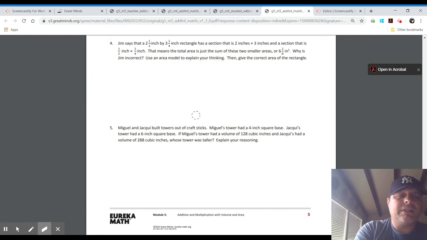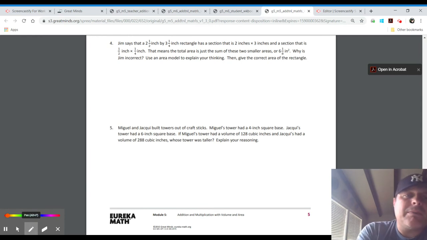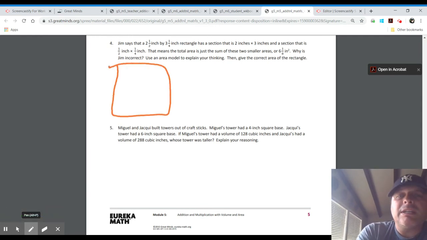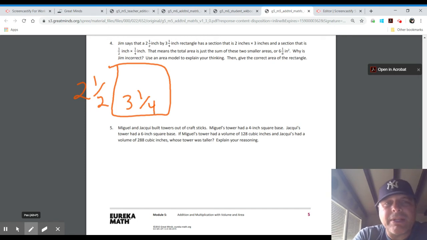There we go, that's much easier. Let's just draw a rectangle. We have 2.5 over here, that's 2.5 wide, and 3 1/4 wide, or length, on the bottom. Although that looks like a square, it should be a rectangle, sorry.